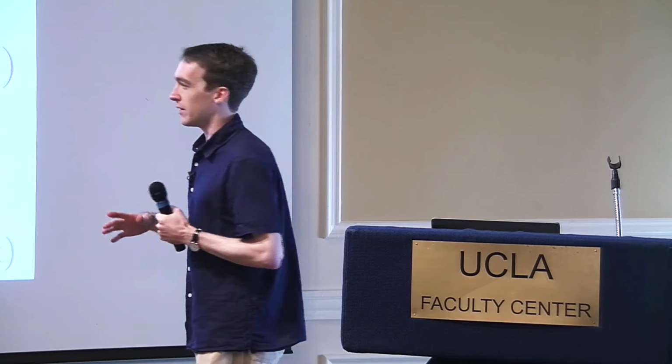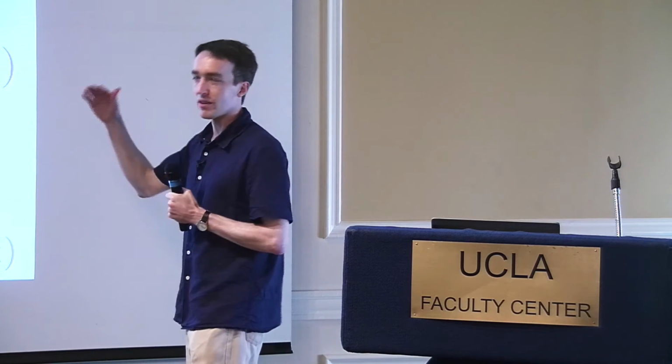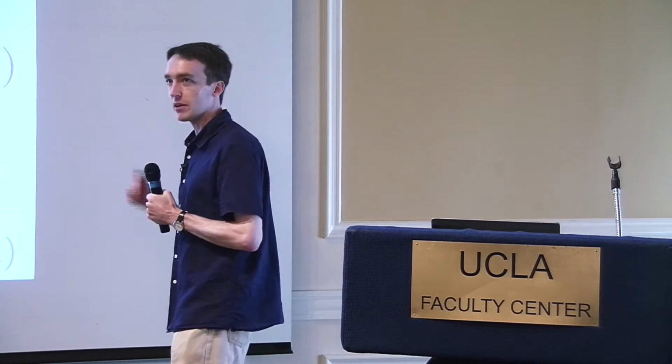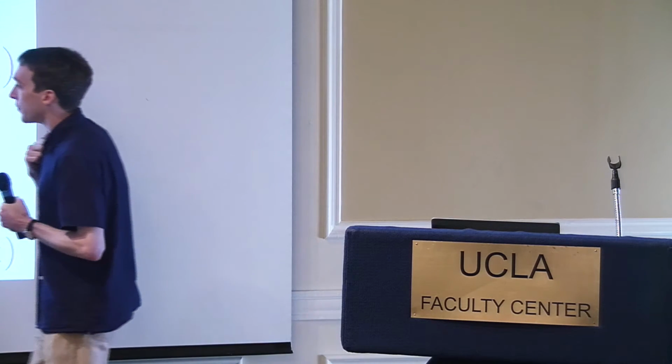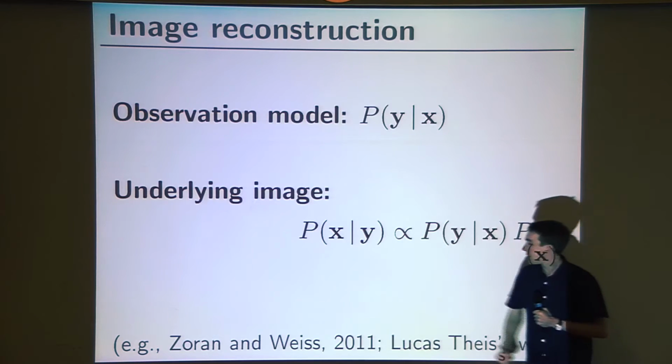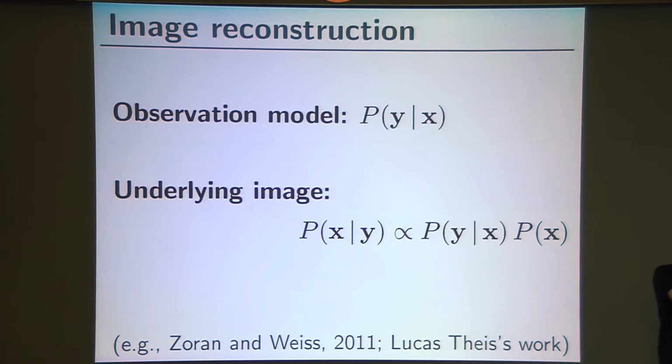This is pretty ideal. No one actually does this at the moment. Most image reconstruction is all MAP estimation, but I don't think it should be. Zoran and Weiss last year had a really nice paper where they show for a variety of reconstruction tasks that if you go in and build a better probabilistic model of images, that's strongly correlated with performance on the tasks.